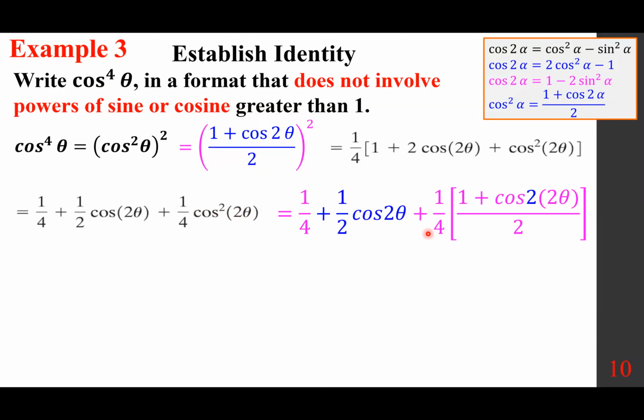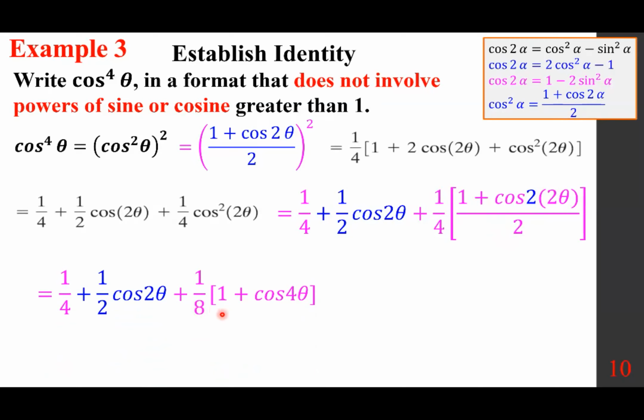So you keep the 1/4, you go with this one and you put 1 plus cosine of 2 times 2 theta divided by 2. So this is 1/4. This is half of cosine 2 theta. This is 1/4 times 1/2. By the way, just right away, make this 1/8. So 1/8, 1 plus cosine of 4 theta.